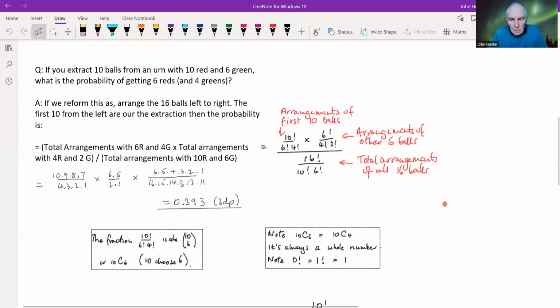Okay, so that's it. Now I've already said these things. 10 choose 6. That's the phrase that we use, and there are different notations. 10 choose 6 is the same as 10 choose 4. And basically it's always a whole number. And just in case, 0 factorial and 1 factorial are both equal to 1. 0 factorial takes a bit of thinking about why that is, but anyway, you can just take that as read.